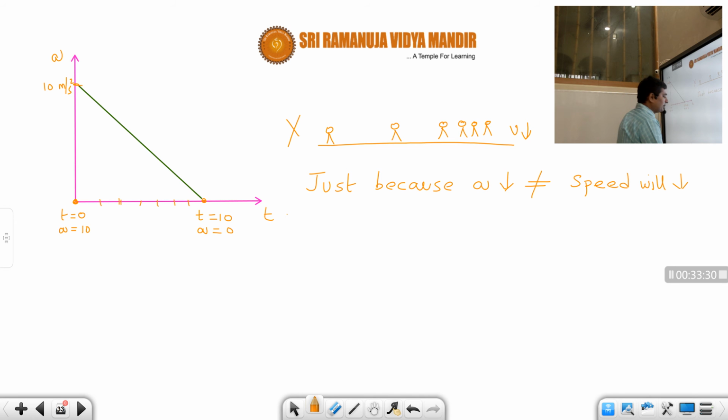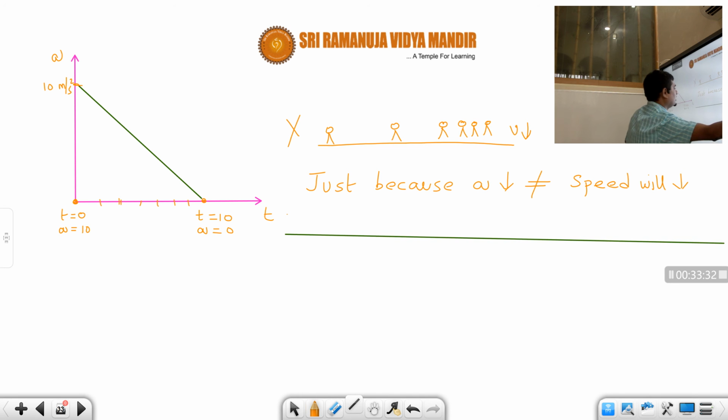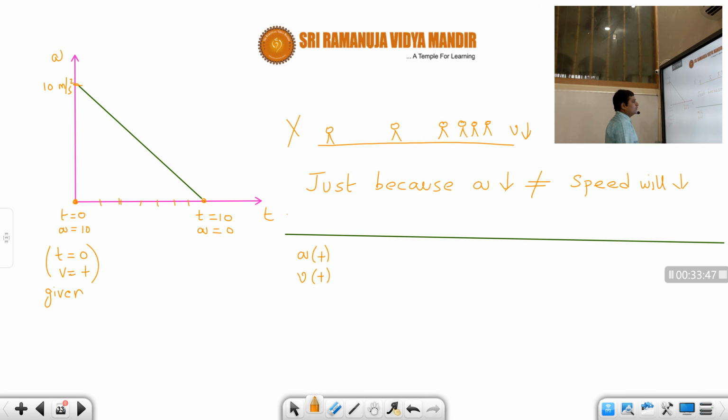So the most important point that you should always look for is the sign of acceleration and the sign of velocity. At time t equal to 0, they have given, let's say, velocity is positive. Now you see, students, throughout its motion from t equal to 0 to t equal to 10 seconds, even though the acceleration is decreasing, it is still positive.